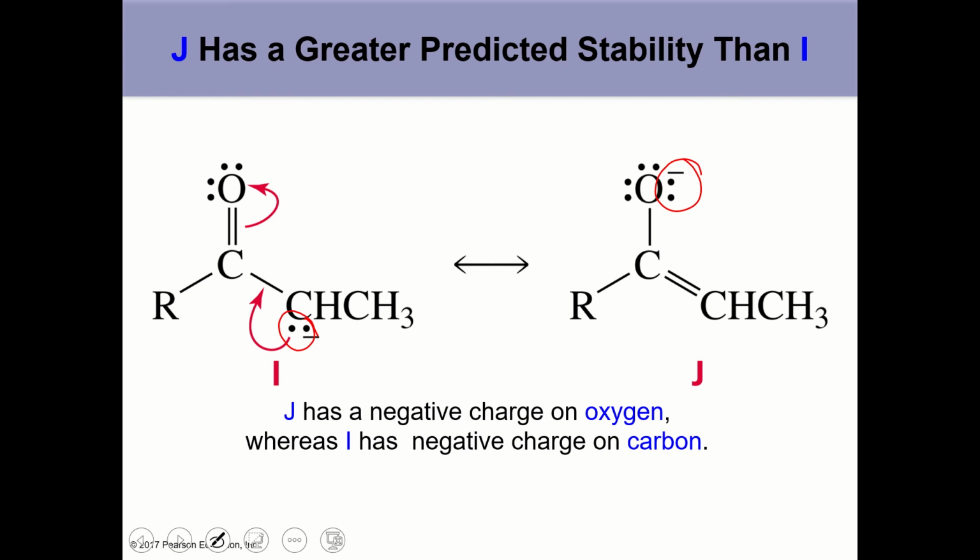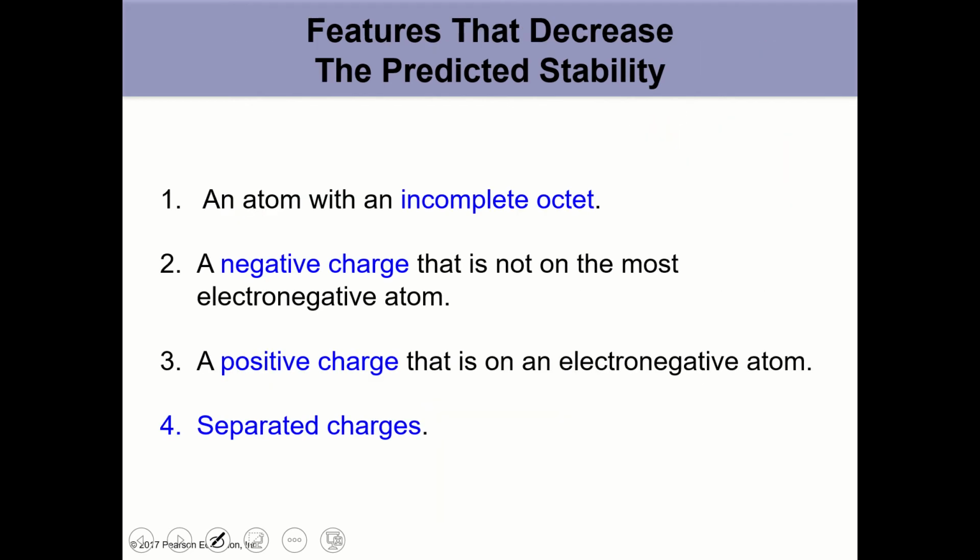That means that J is a better structure than I. So J has predicted greater stability. Negative on electronegative.